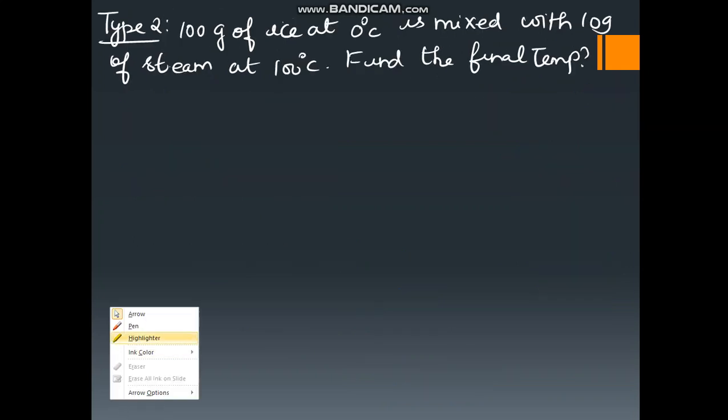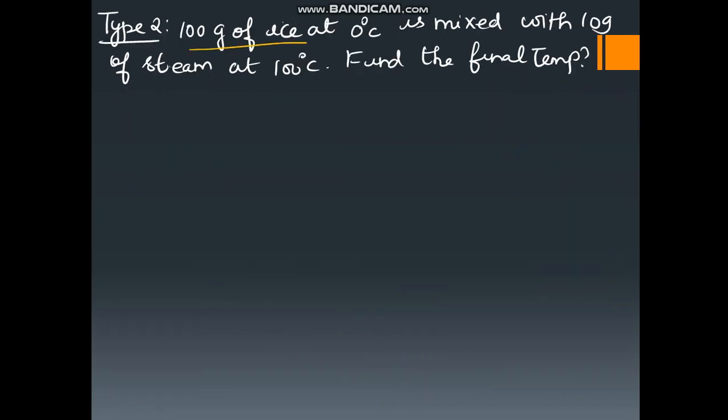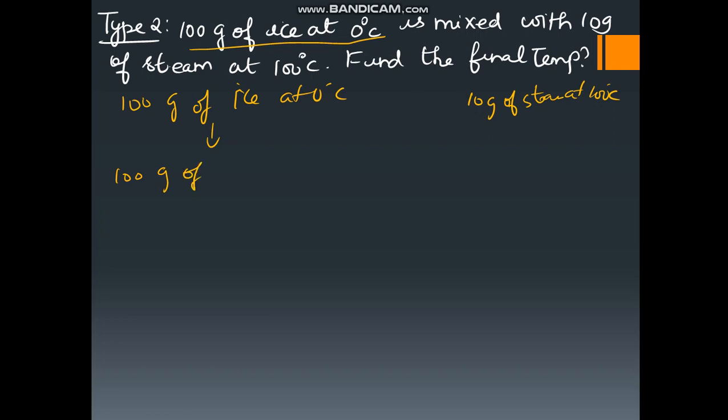Now let us see the type 2 numerical. 100 gram of ice at 0 degree Celsius, we are mixing with 10 gram of steam at 100 degrees Celsius. So first convert it into water at 0 degree Celsius.